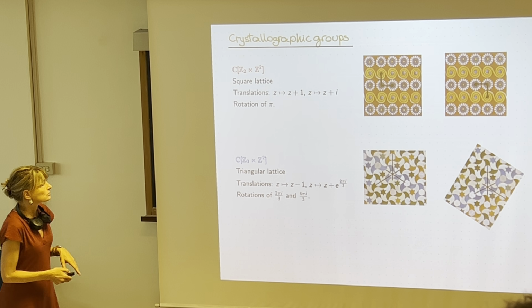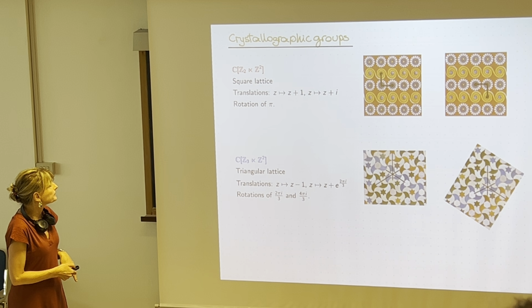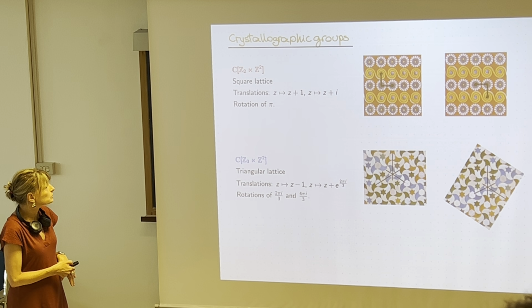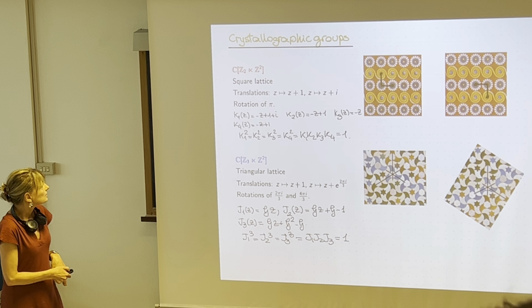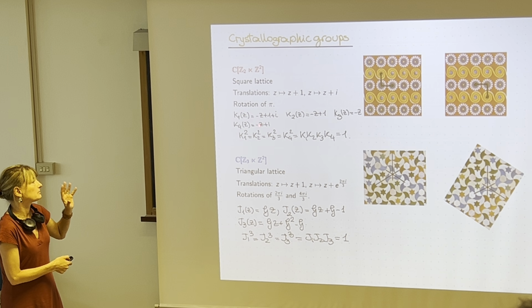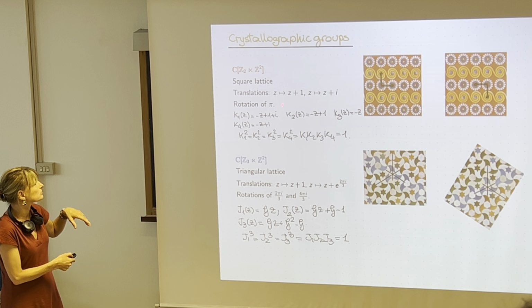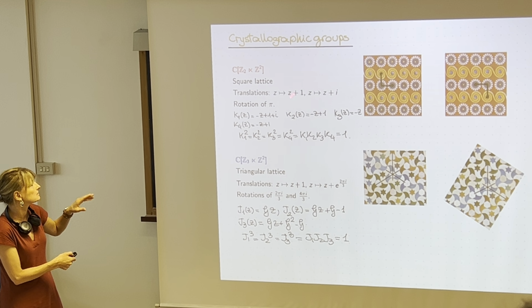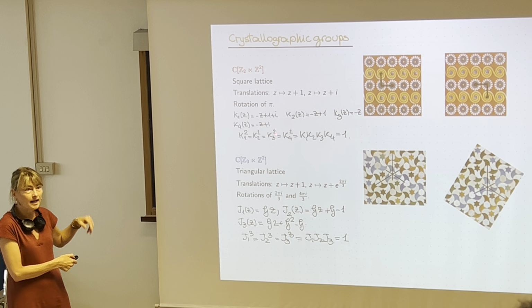So these are two nice groups, and you can represent these groups in a slightly different way, which I prefer. You can introduce some generators, these 4 generators that you can express in terms of these other ones.